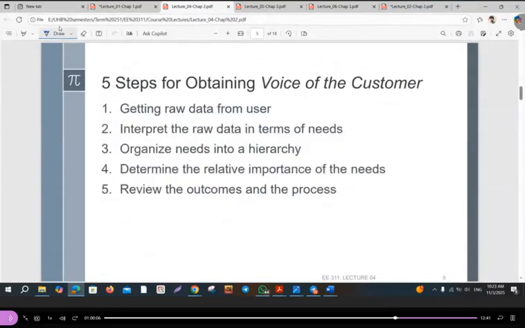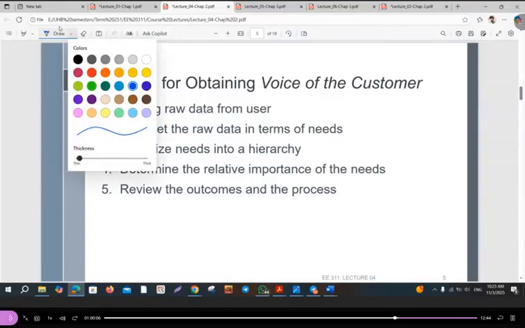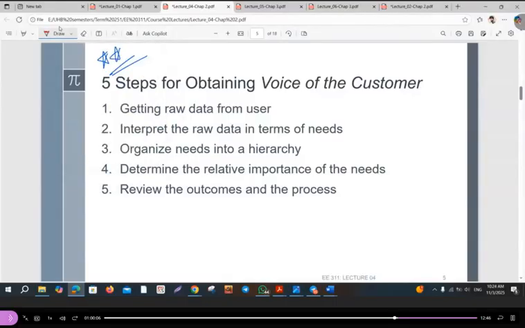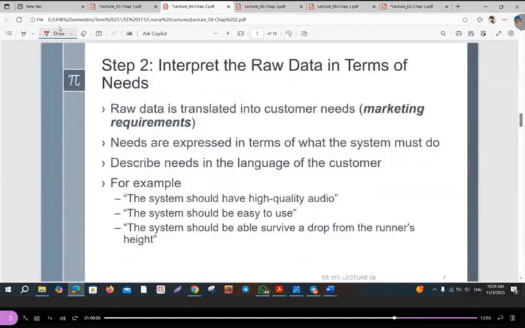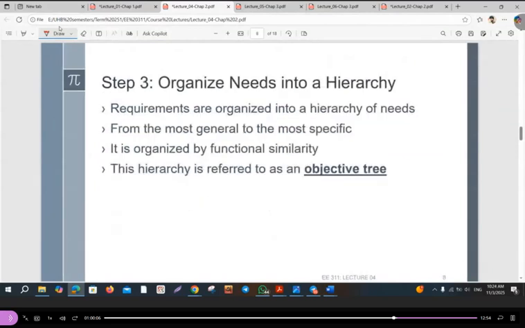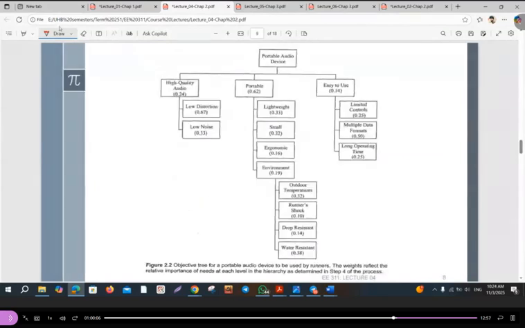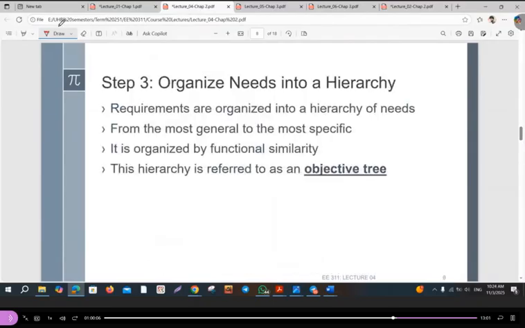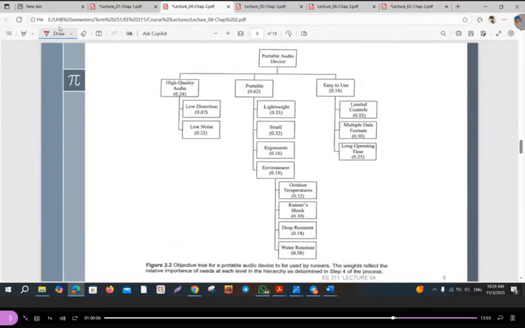The objective tree is not very important, but these are already explained to you. Doing a research survey, not very important. Need statement and objective statement. These are the 2 parts of the problem statement.